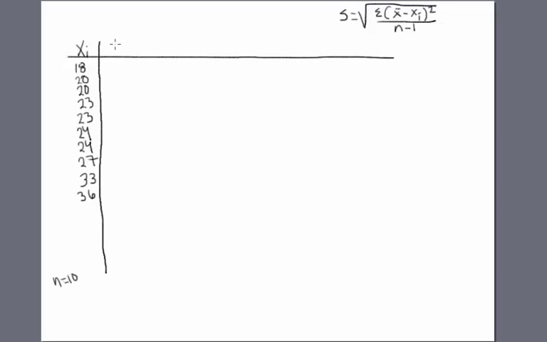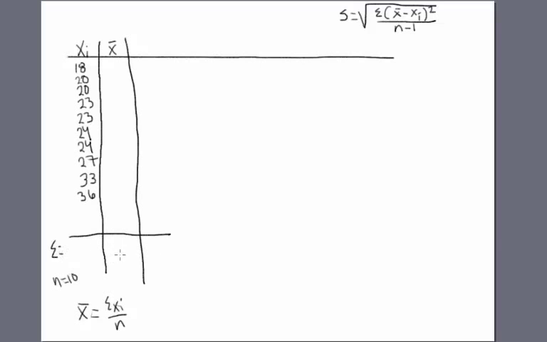The next thing I'm going to do is make a second column, and that column is going to represent my sample mean. And I'm going to put that next to each one of my x sub i's. Well, to calculate the sample mean, you'll remember the sample mean is equal to the sum of the x sub i's over n. So what we can do here is make a row of sums.